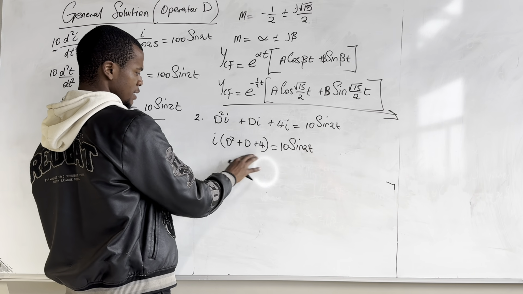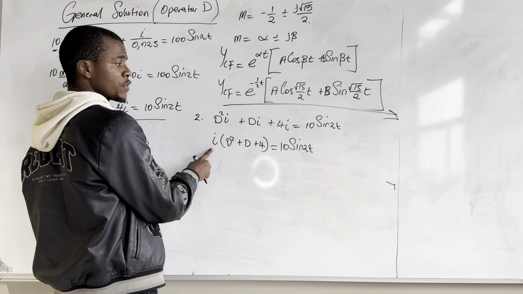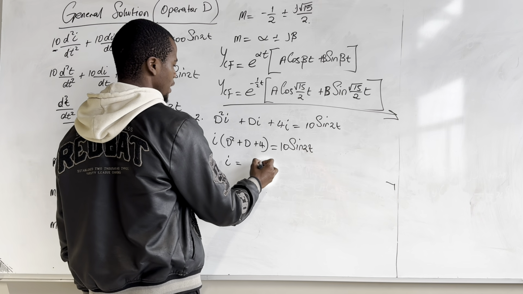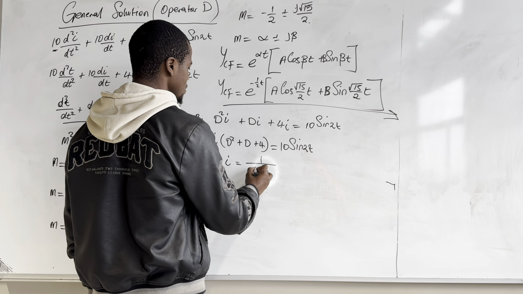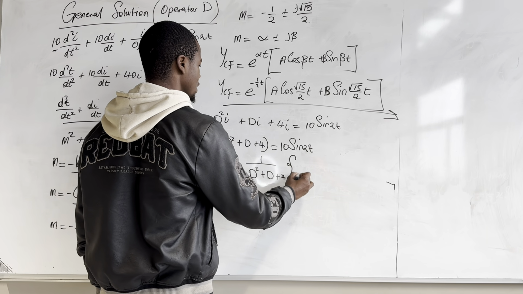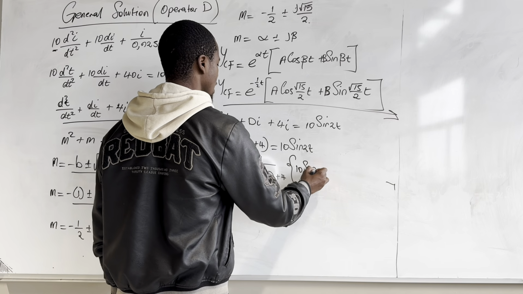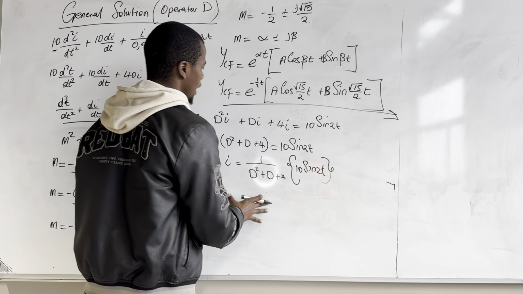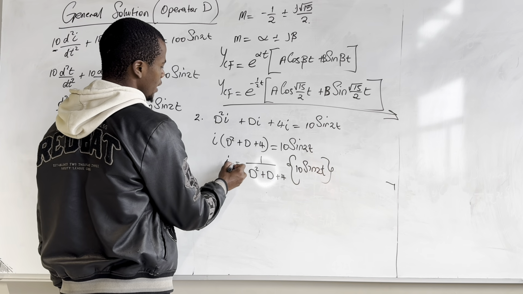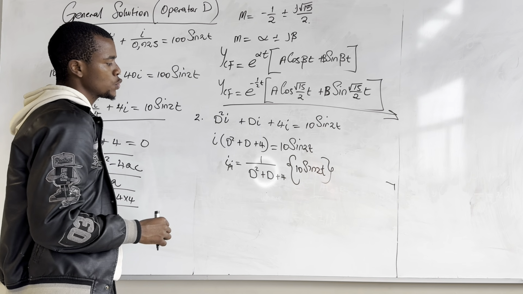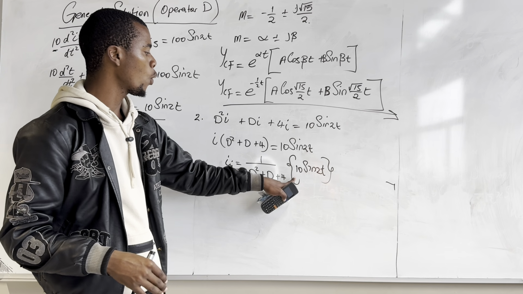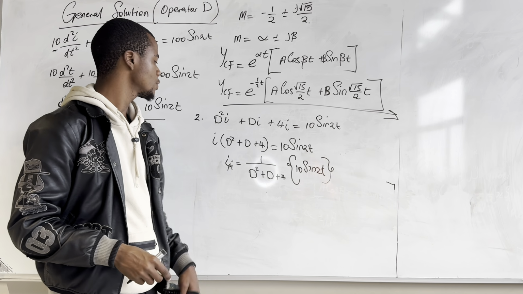Okay, and then we just need to make this the subject of the formula, and then we divide by everything, and then we will end up having 1 over D squared plus D plus 4 operating on 10 sine 2t. Remember, I said your complementary function or particular integral, so you can put this one, it will be a 1 over a function of D, operating on 10 sine 2t.